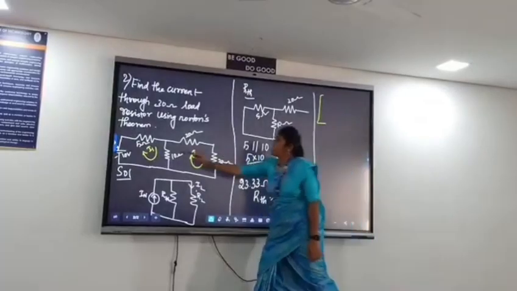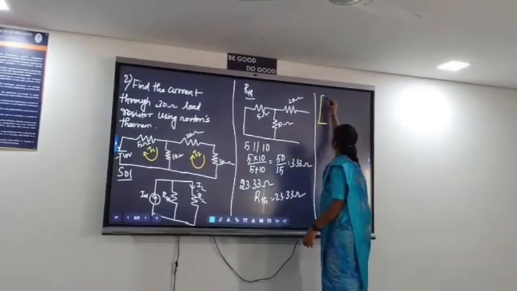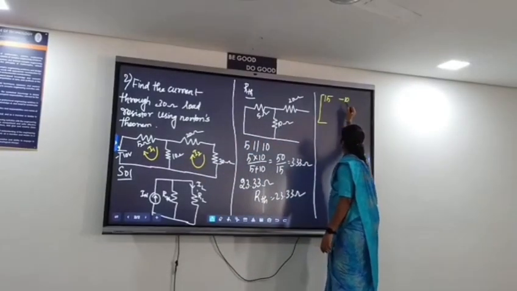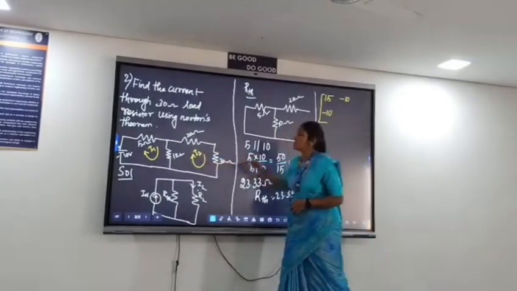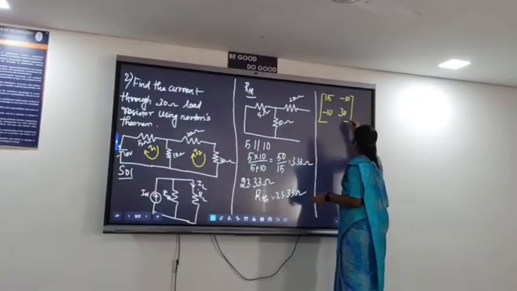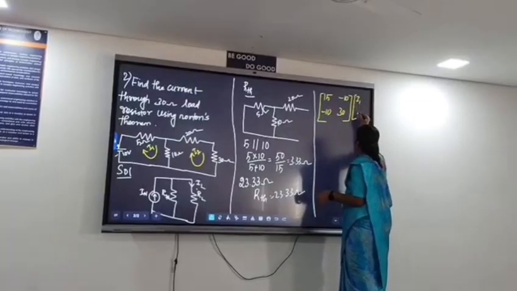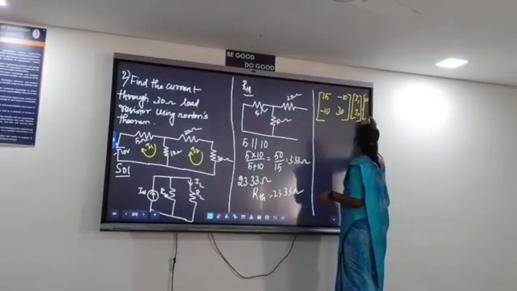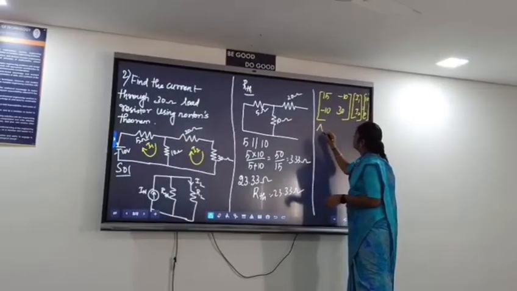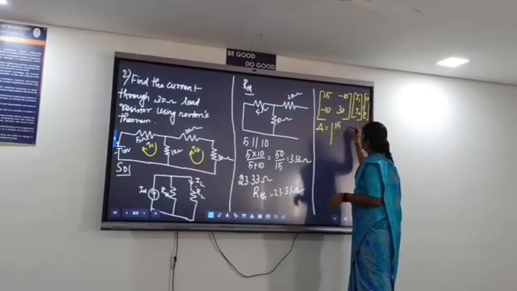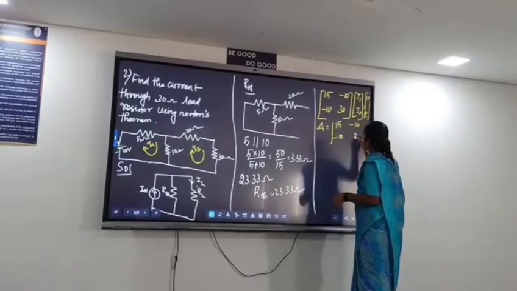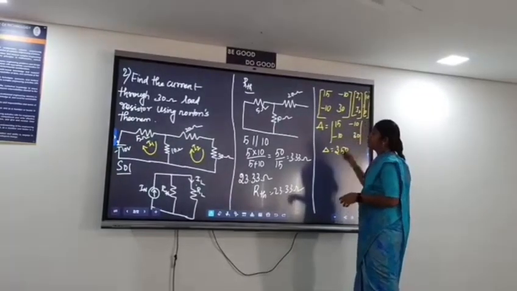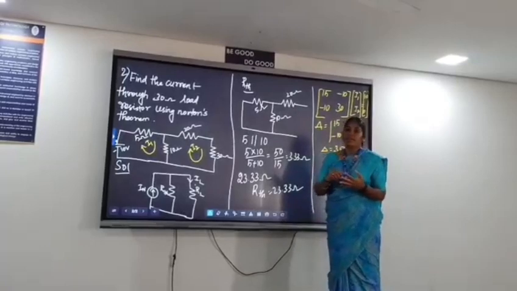In the first mesh, 5 plus 10 is 15, and between I1 and I2 the term is minus 10, and again minus 10, and then 20 plus 10 is 30. The right side values are 10 for the first loop and 0 for the second loop. So del is 15 times 30 minus 10 times 10, and the del value becomes 350.